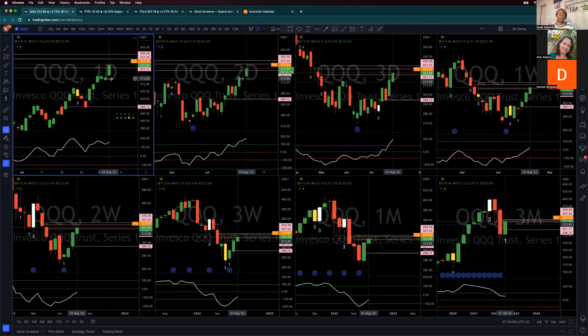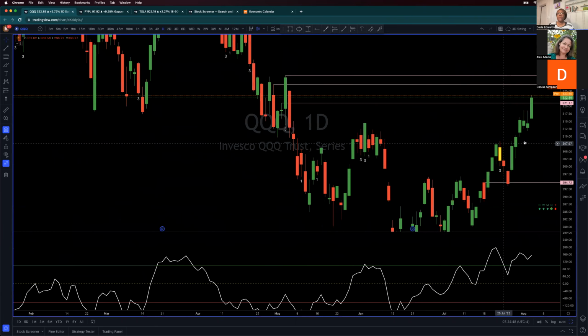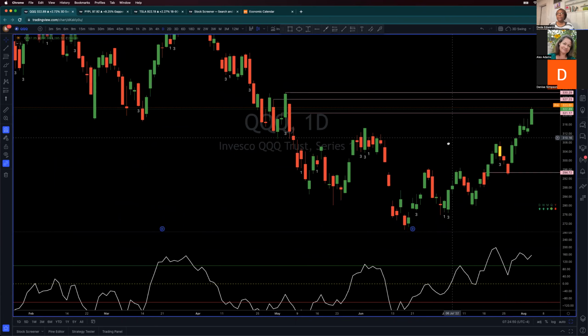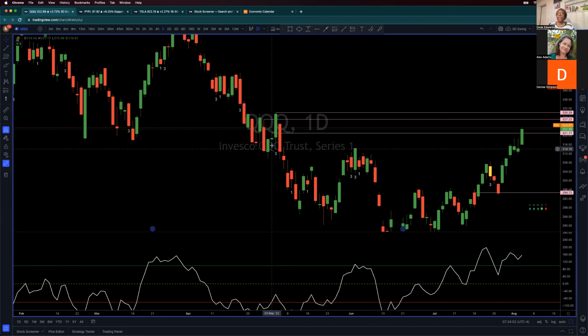But take a look at our next targets, guys. I'll show you here what we did. We drew this little range here and said, all right, price is in this range. This is a 2 up, so we needed to take that high here, and then we had this 2 down candle here, and we got this 2 down candle here, guys.